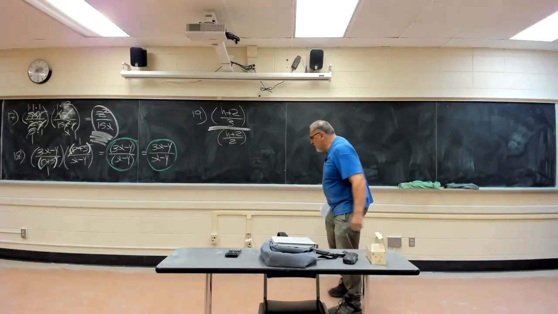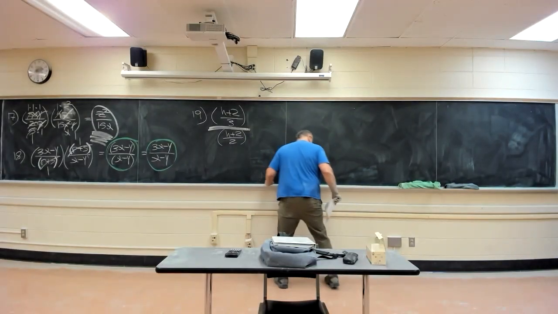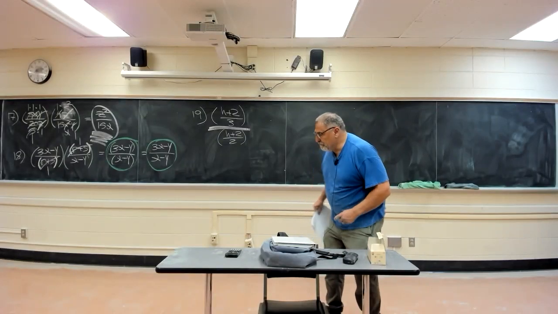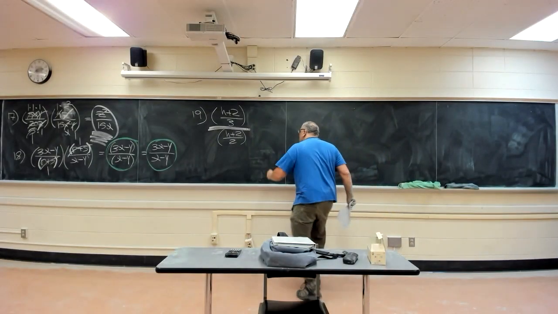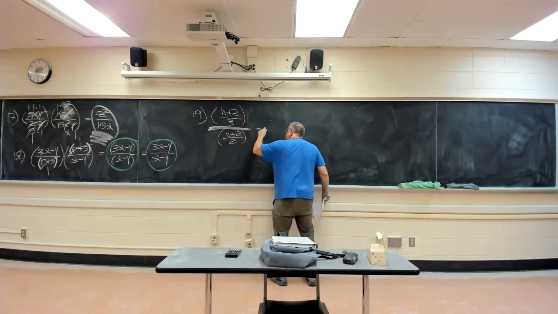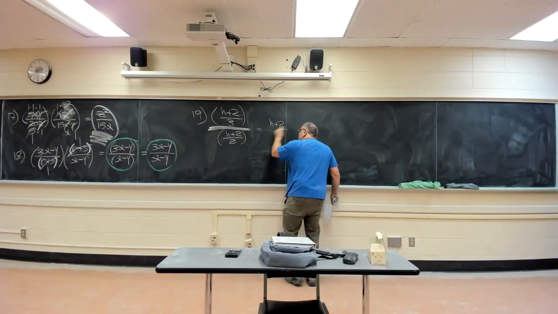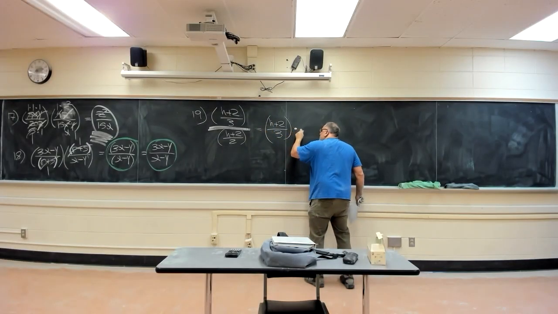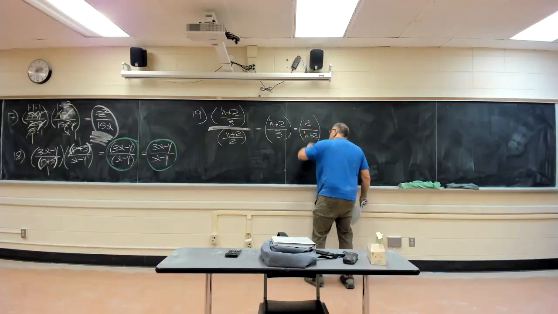Sounds good. A fraction divided by another fraction is the first fraction left alone multiplied by the reciprocal of the second fraction doing the dividing.